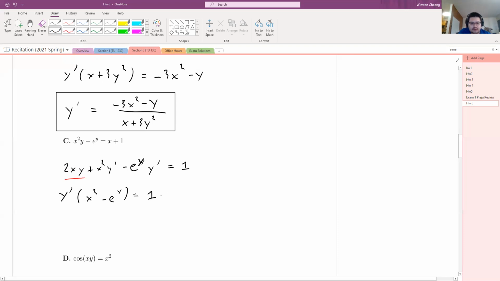So we get equals 1 minus 2xy. And then lastly, we divide. So we'll get 1 minus 2xy over x squared minus e to the y. And we can box that.